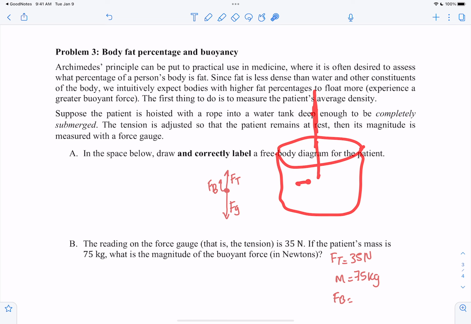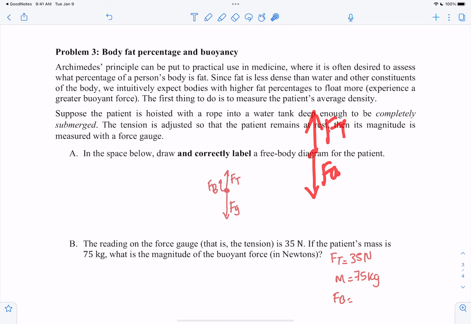They were submerged, with the rope attached to them like that. That's the idea, where you have tension pointing upwards, gravity pointing downwards, and buoyancy also pointing upwards. Yeah, not by the neck. I didn't intend for that to happen, but forgive my drawing.